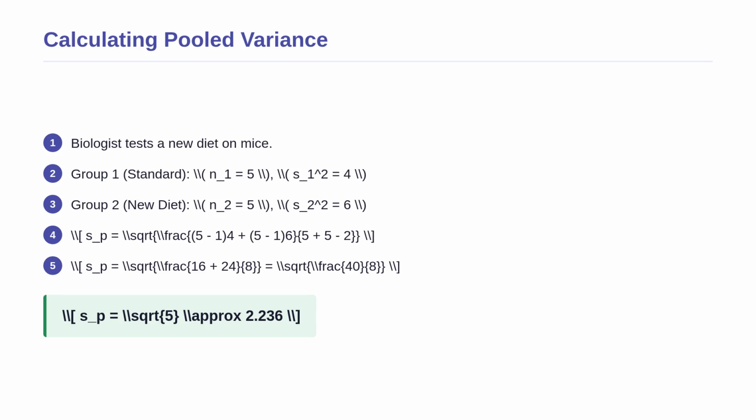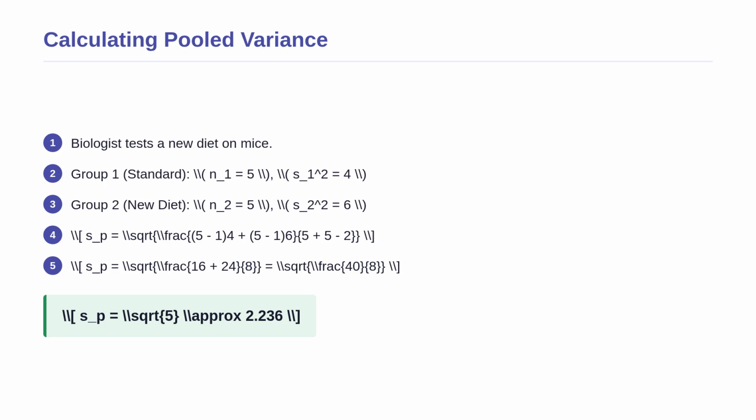Now that we have our formula, let us see this with a concrete example. Imagine a biologist testing a new protein diet on mice. We have 5 mice on a standard diet with a variance of 4, and 5 mice on the new diet with a variance of 6. We need to find the overall background noise. We plug our sample sizes and variances into the pooled standard deviation formula.